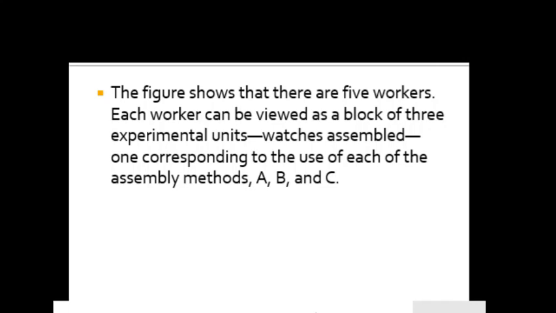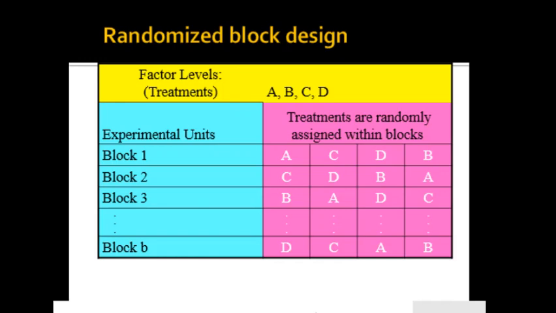Okay, and then each assembled block will use methods A, B, and C, and each worker will use methods A, B, and C. Okay, so this is a generalized randomized block design. So we create blocks based on whatever is causing the variability, and each block is assigned all of the treatments.